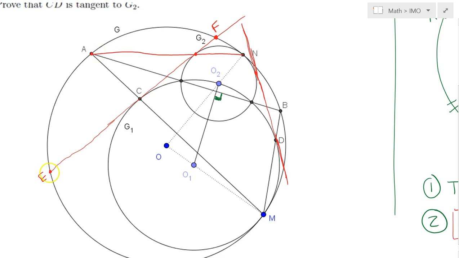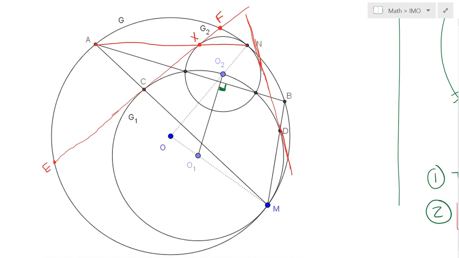This collinearity holds if and only if the common external tangent also goes through C, and let's call this point here X. The same result would imply that A, X and the tangency point are also collinear. So we have made significant progress so far. That was the crux move of this problem.